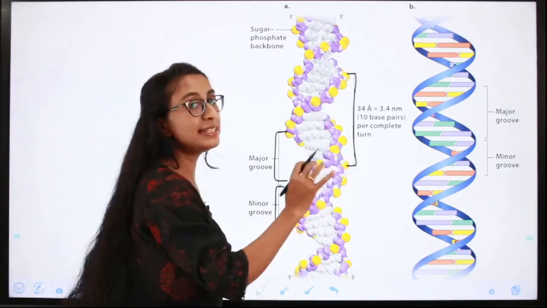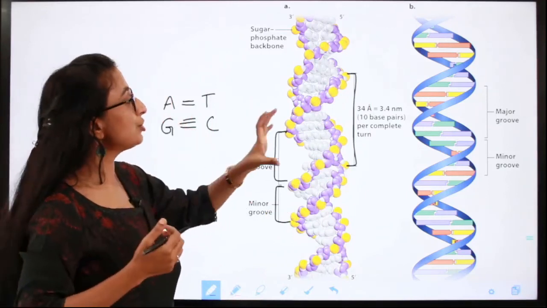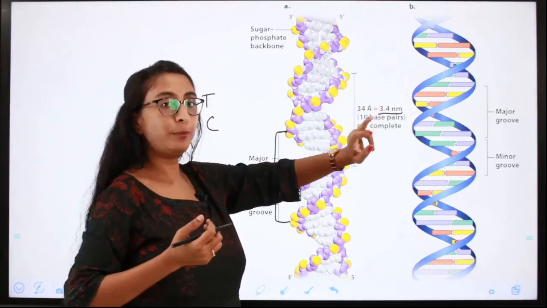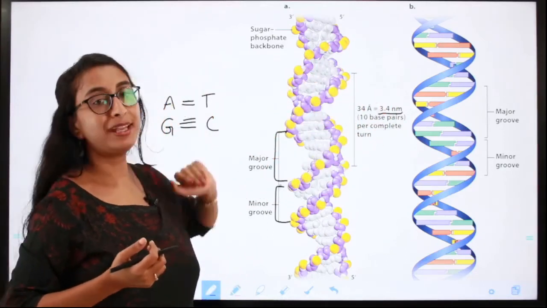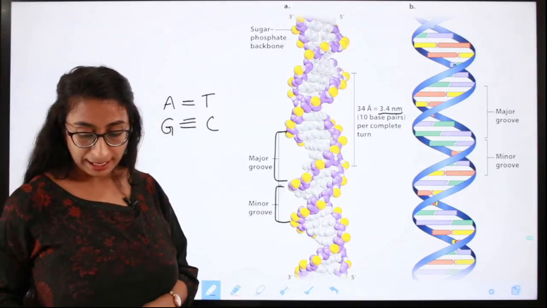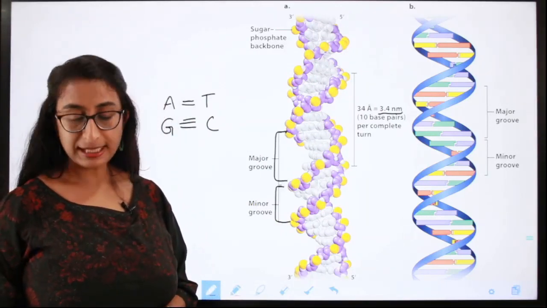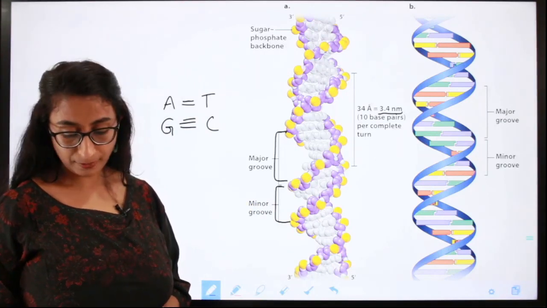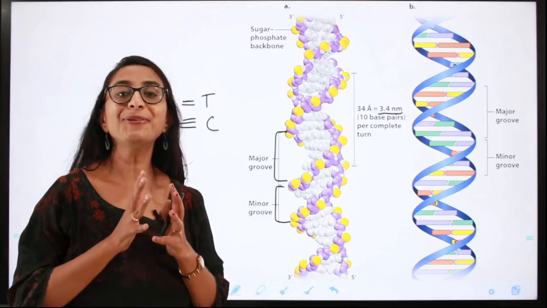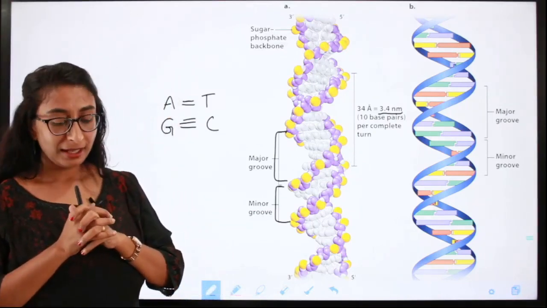The pitch means the turn. A single turn is called as the pitch. The pitch of the helix is around 3.4 nanometer, which consists of 10 base pairs, or it is also 34 angstrom units. And then the planes of adjacent base pairs are stacked over one another. Okay, so I think now you understood about the double helical structure of DNA.